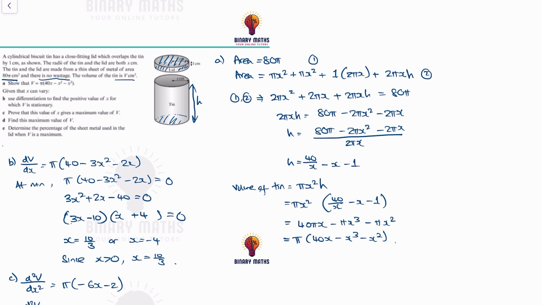And you just substitute this x value in, at x equals 10 over 3 is equal to pi times (minus 6 times 10 over 3 minus 2), which, if I put that into my calculator and work it out, I end up getting minus 22 pi, which is less than 0. Therefore, at x equals 10 over 3, we have maximum value of v.